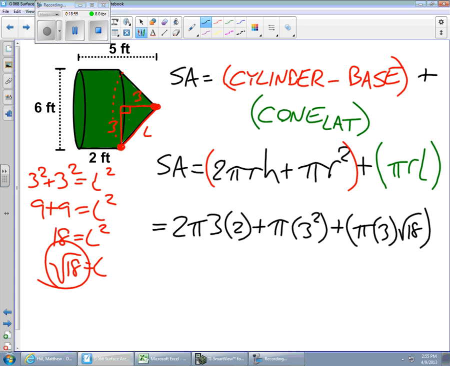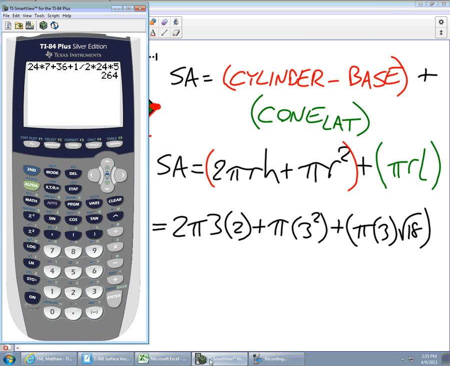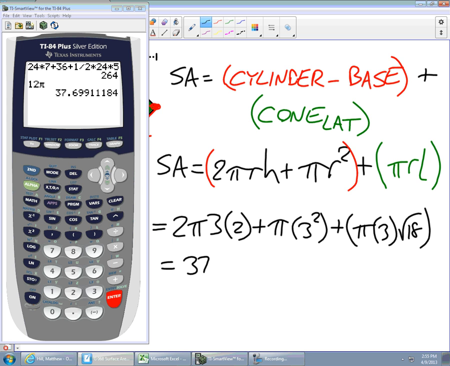Now, this is a very ugly looking formula, but it's just a bunch of numbers. So let's just figure this thing out. We've got 2 times 2 is 4 times 3 is 12. So that very first term there is 12 pi. That's 37.70. The next term there is 3 squared, which is 9.